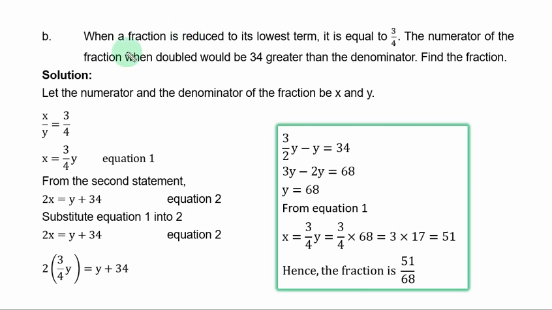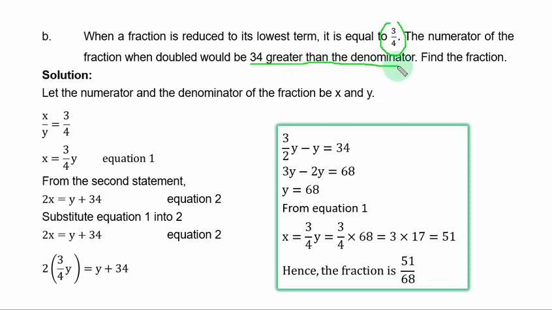Question 8b. When a fraction is reduced to its lowest term, it is equal to 3 over 4. The numerator of the fraction when doubled would be 34 greater than the denominator.